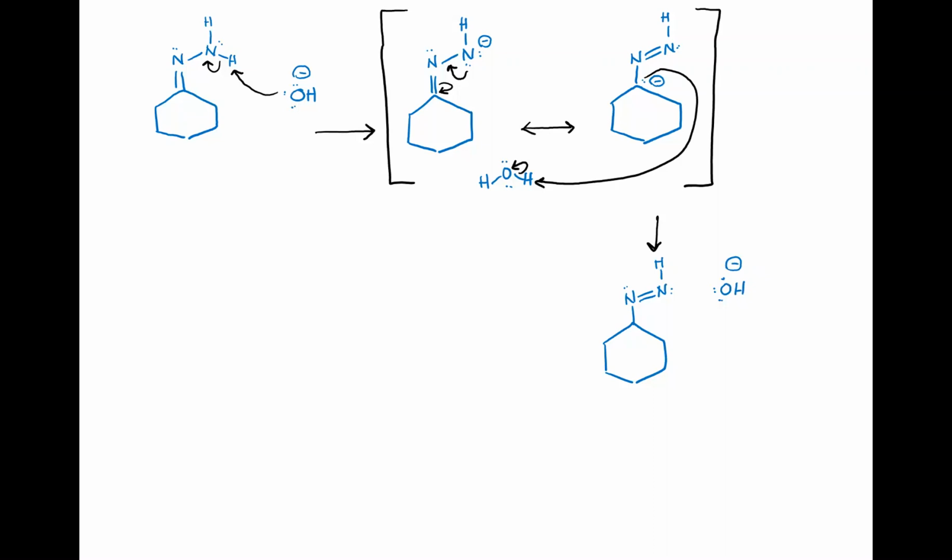And again, it will deprotonate the hydrogen on the nitrogen. And then essentially we can use that extra electron pair on the nitrogen to form a pi bond and kick out the carbanion in an elimination reaction.